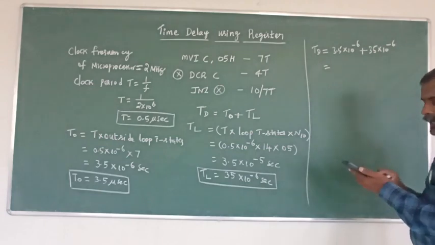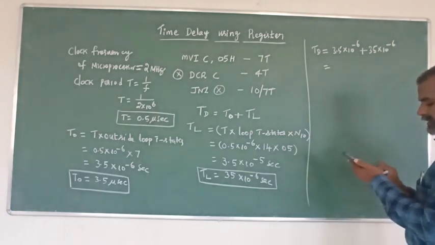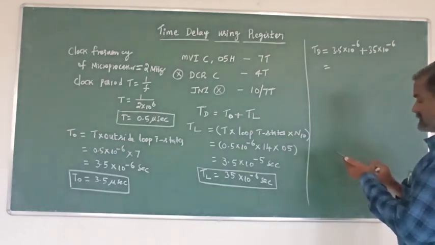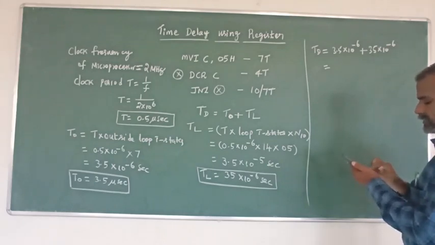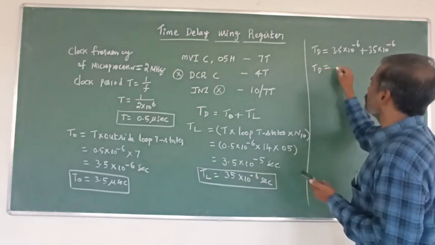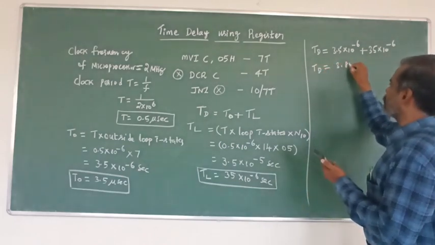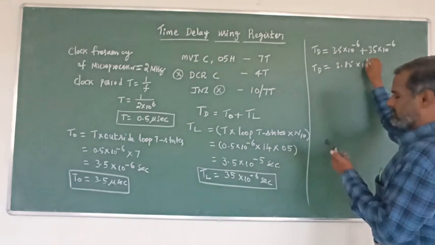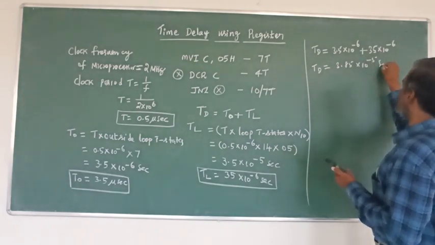Now to add these two, 3.5 microseconds plus 35 microseconds. Now TD is 3.85 into 10 to the power of minus 5 seconds.